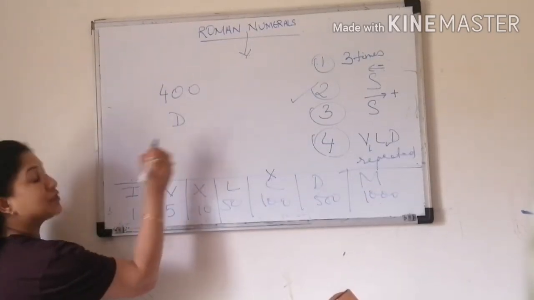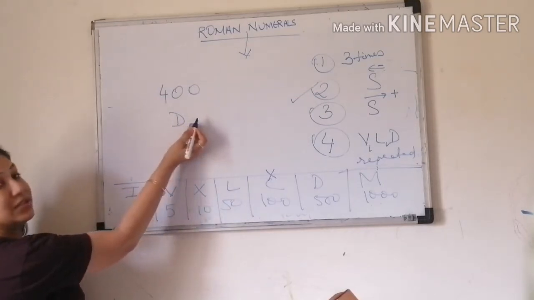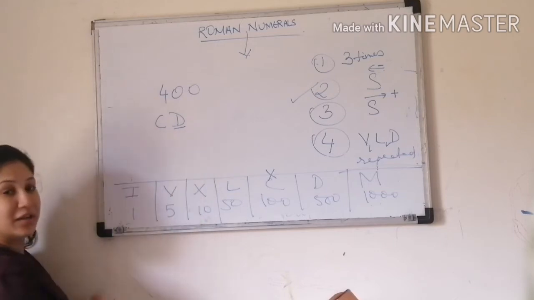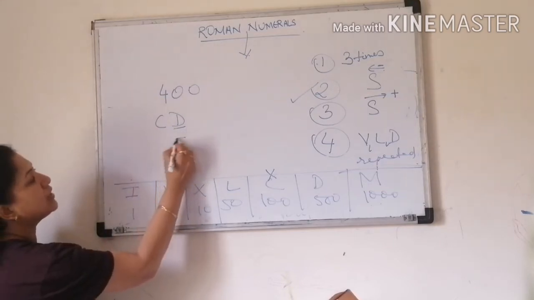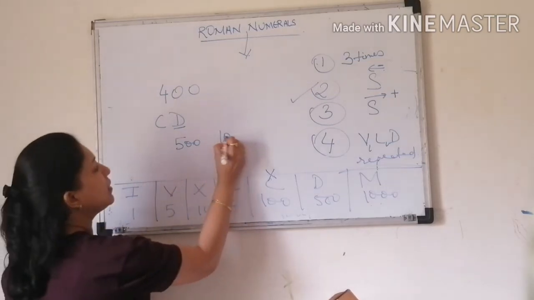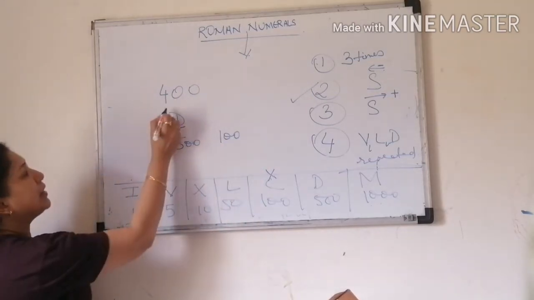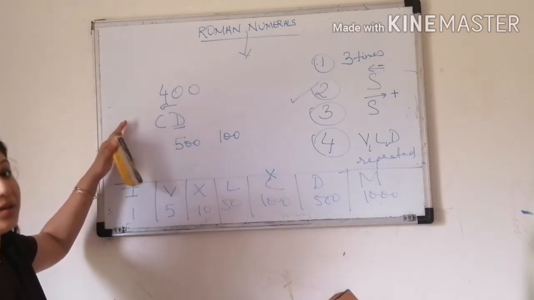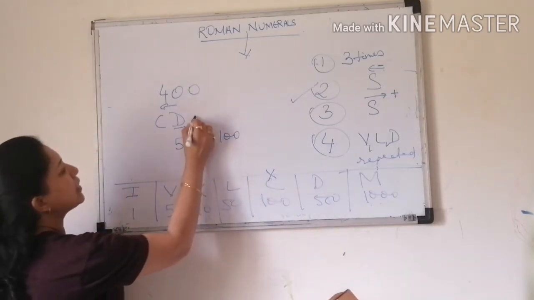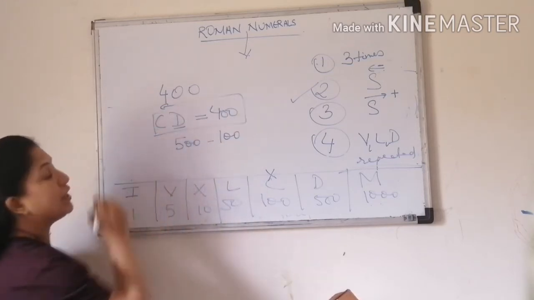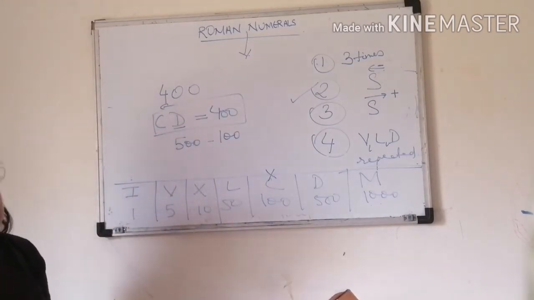If you have a smaller number towards the left, you will subtract it from the greater number. The value of D is 500. The value of C is 100, and it is towards the left. The smaller number is towards the left, so I will subtract. What will I get? 400. So CD means 400.